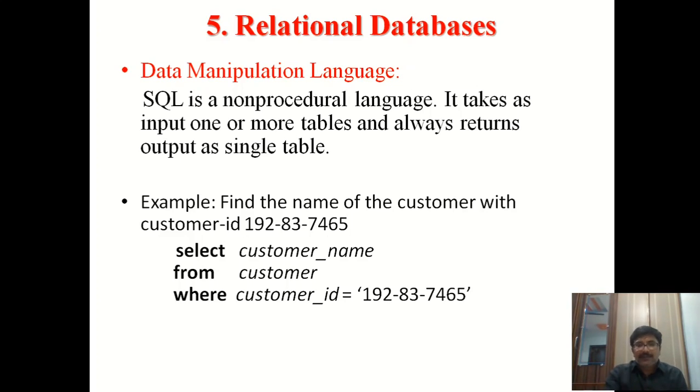The from list stores the table name, and in the where clause we define the condition. Here we need to display the name, so select customer name from which table? The table is customer, so the from list stores customer. Select customer name from customer where customer ID is equal to 192837465. So this is the select statement.